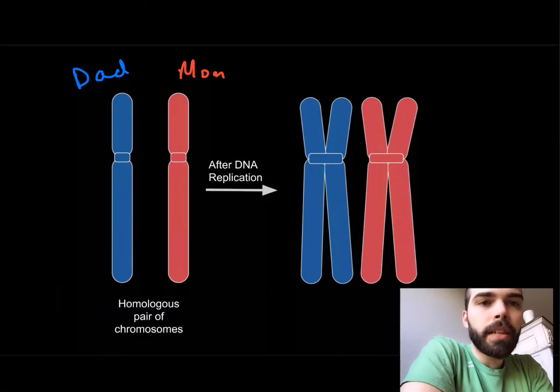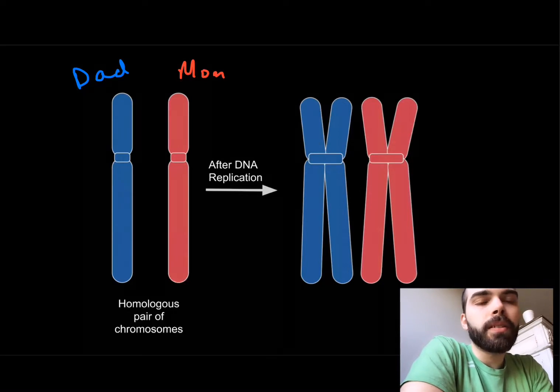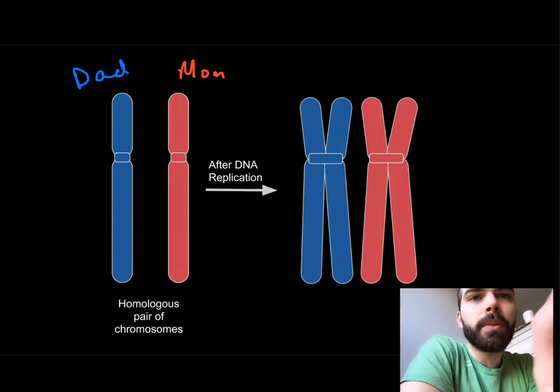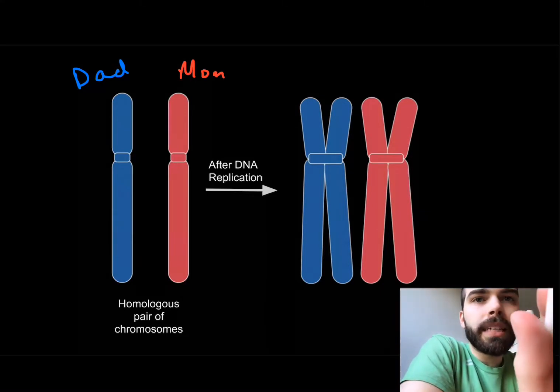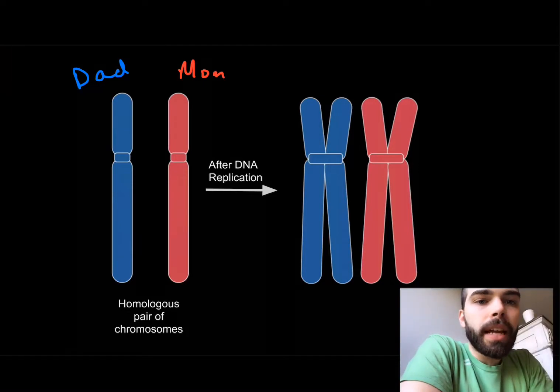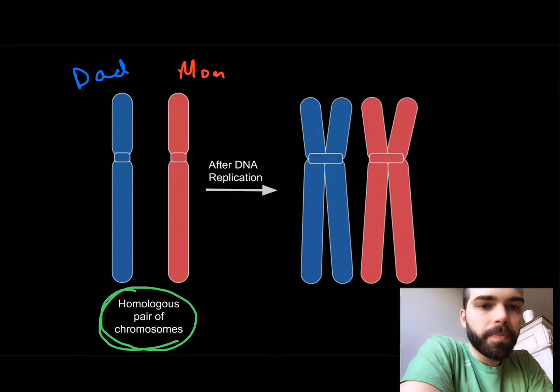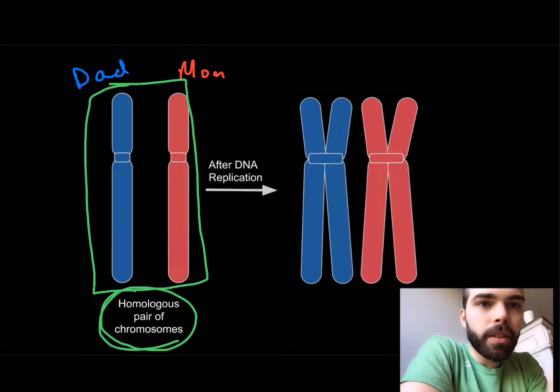So they're roughly the same height, they're roughly the same shape and everything. So because they're similar in size and shape, we would call this a homologous pair of chromosomes. So this right here is a homologous pair of chromosomes.